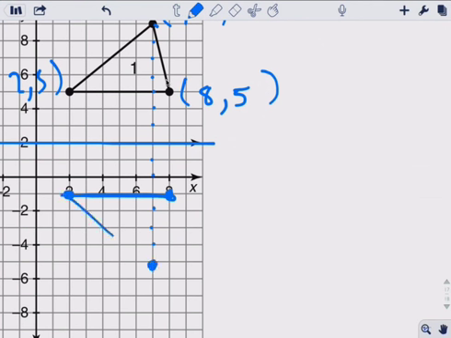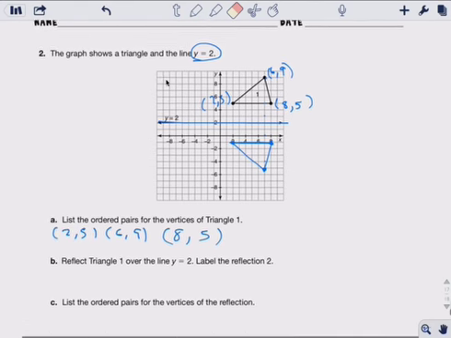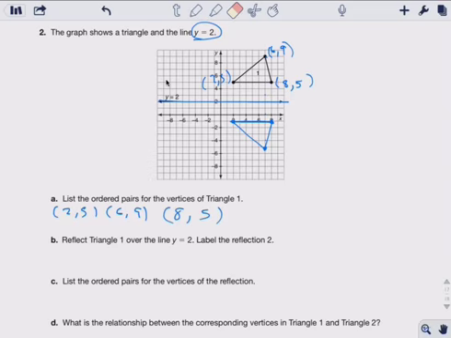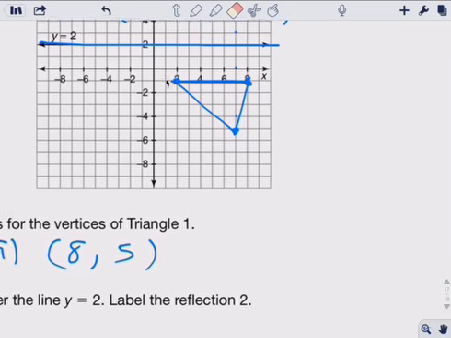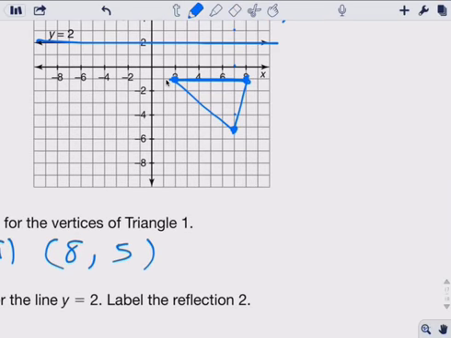Okay, connect it. Oh, sorry. I just don't like all the mess. Erase, erase, erase. Okay, that's it. And label it reflection 2.